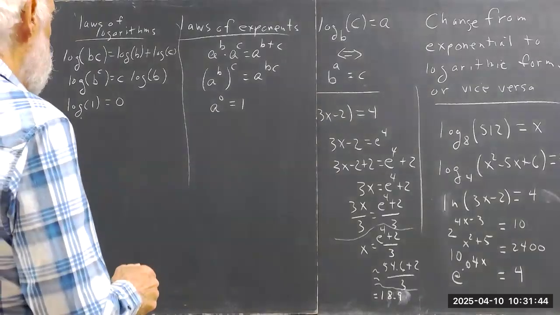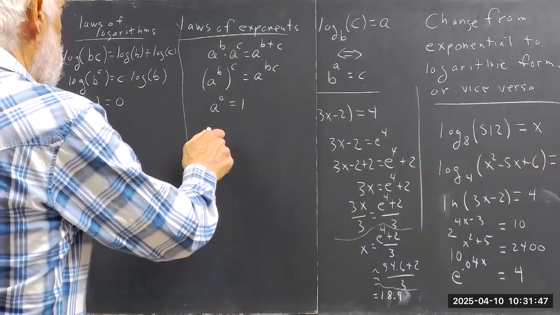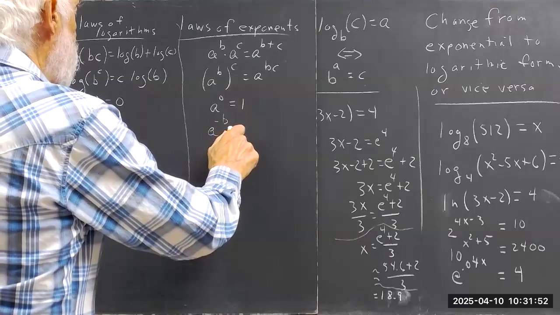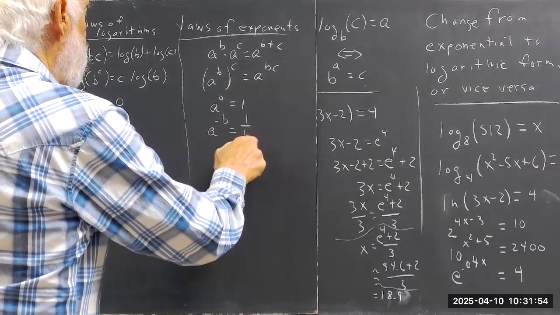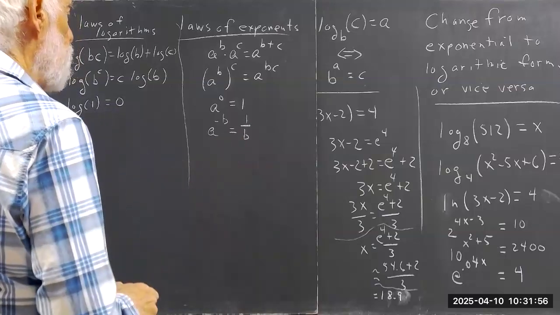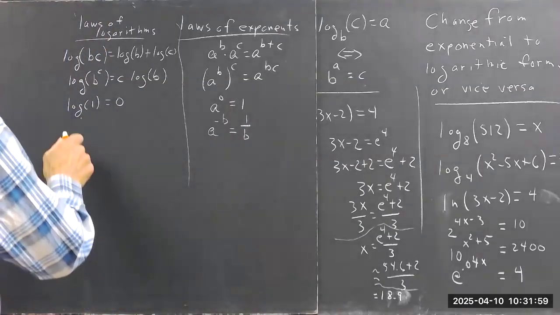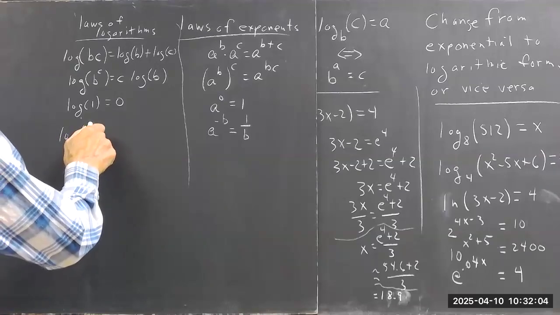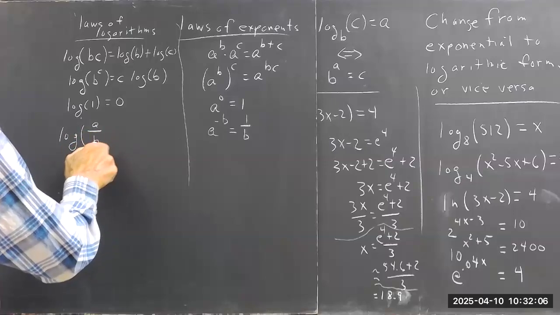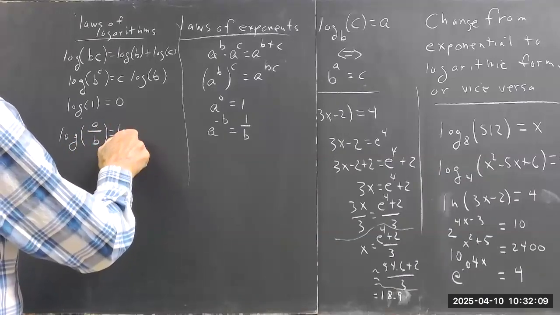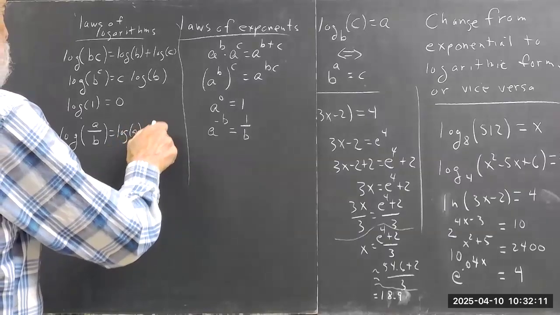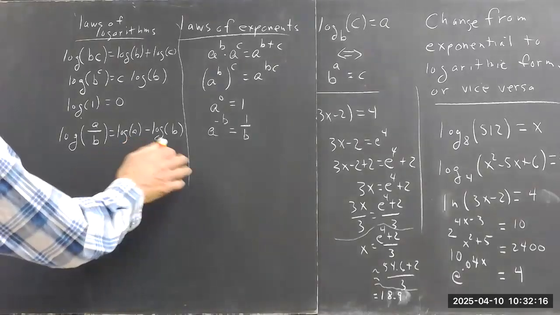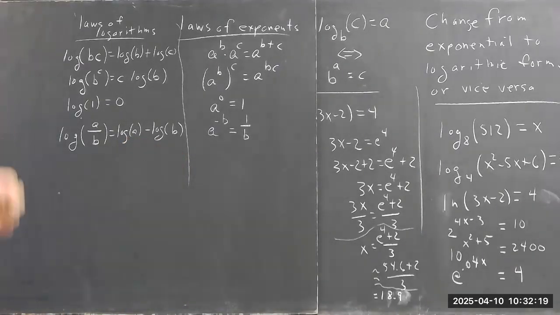And corresponding to a to the minus b equals 1 over a to the b, and a couple of others, you have the log of a over b equals log of a minus log of b.